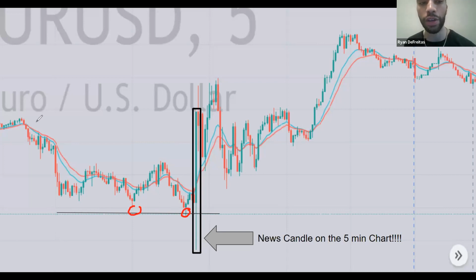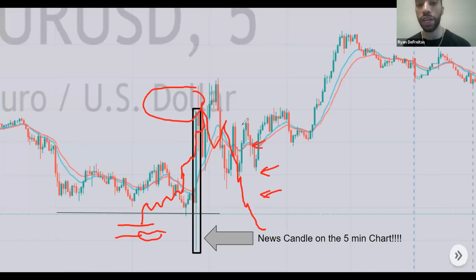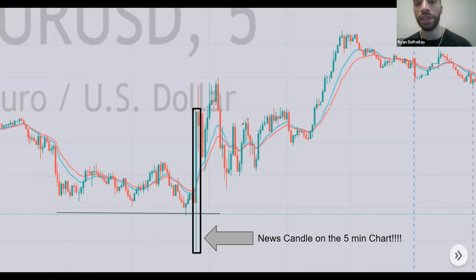The market went lower, lower, lower, stopped people out, and then we're going up. So everyone thought it was going to keep going lower and lower, took people out, kept going up. But that was a news candle. Here's what I want you to realize. If you would have sold before this opened, you would have lost money.